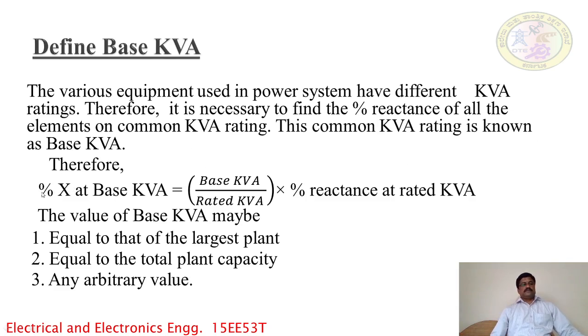Therefore, the formula for percentage of reactance at base kVA is equal to base kVA divided by rated kVA into percentage of reactance at rated kVA. Usually, the value of base kVA depends upon the largest plant of the power system, and is equal to the total plant capacity or any arbitrary value in the power system.